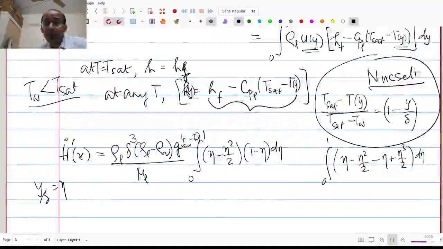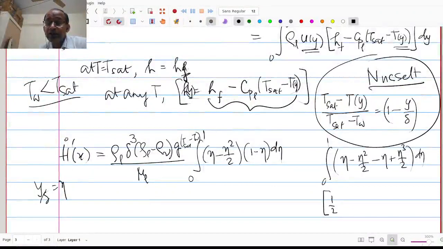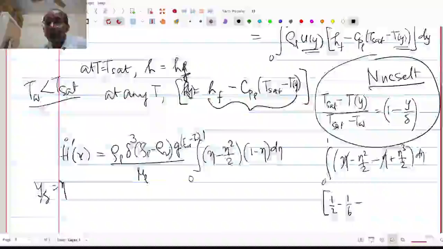You multiply this by 1, you get eta minus eta squared by 2, and if I multiply it by minus eta, you get minus eta plus eta cubed by 2. So if I just integrate this, this becomes eta squared by 2, so half minus 0, and this will become eta cubed by 3, so it's minus 1 by 6, and again this eta and eta actually get cancelled here itself.